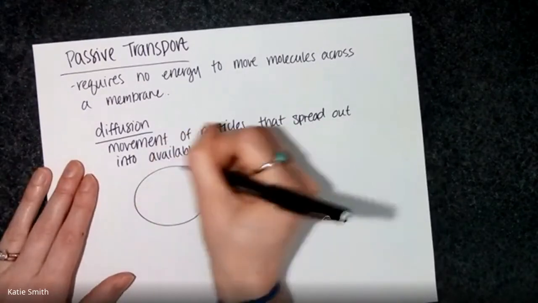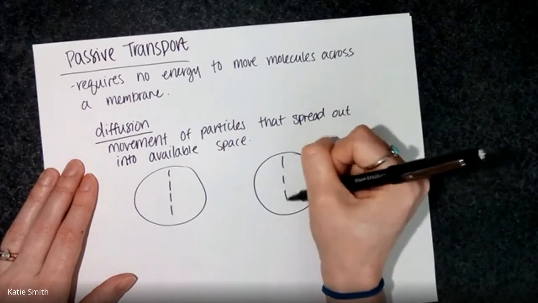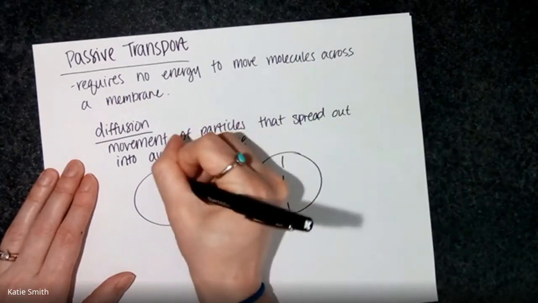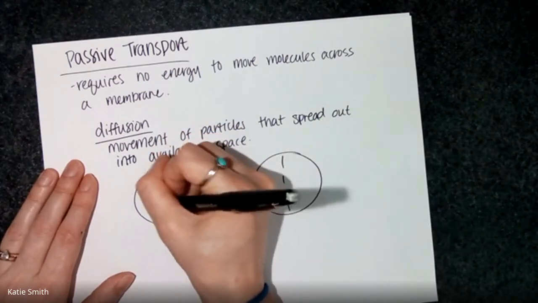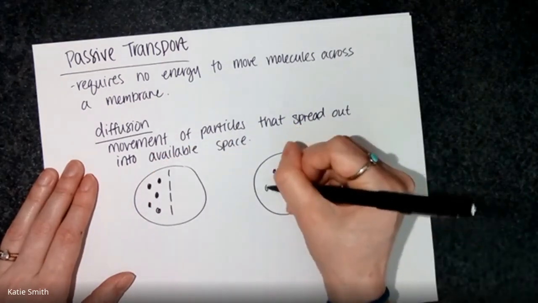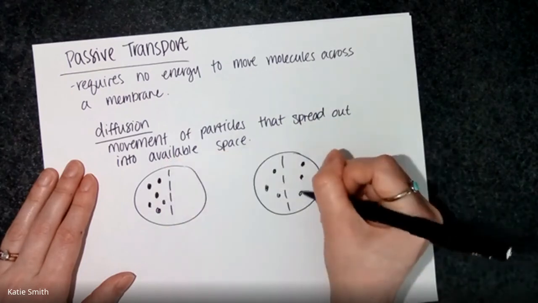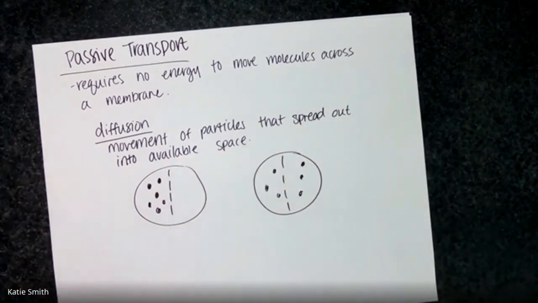So let's say there's a bunch of particles on this side, and this membrane is permeable to those particles, then they will spread out. Here, I'm going to make it even to their available space.